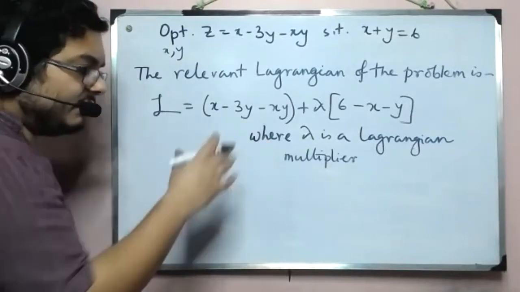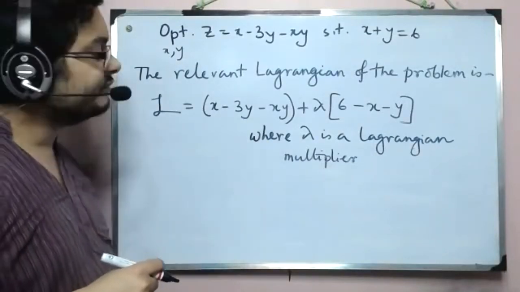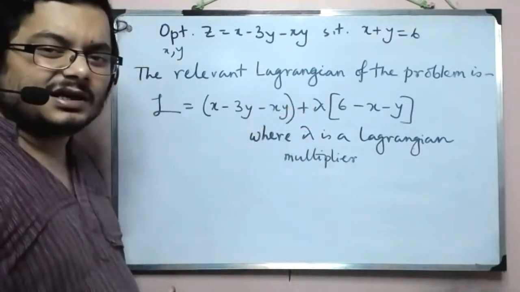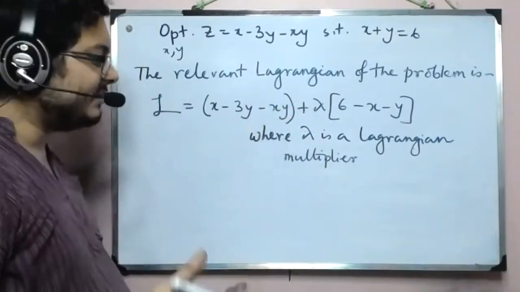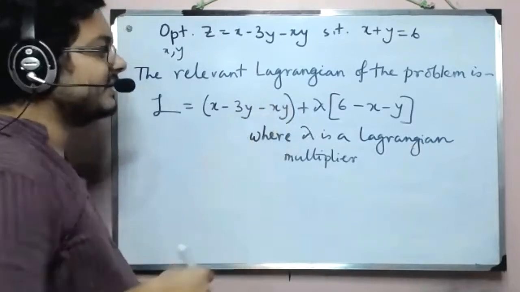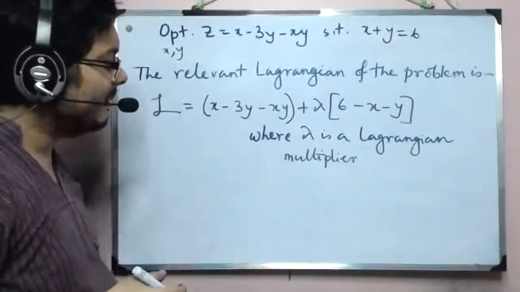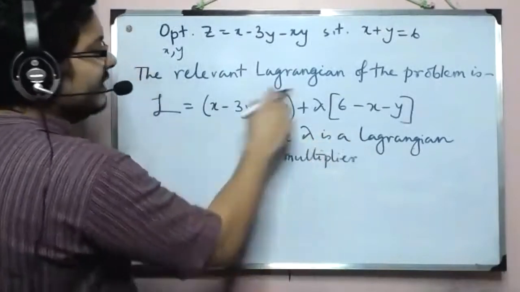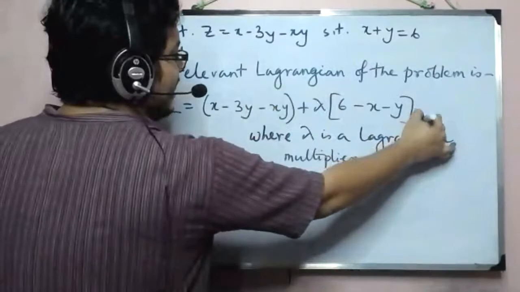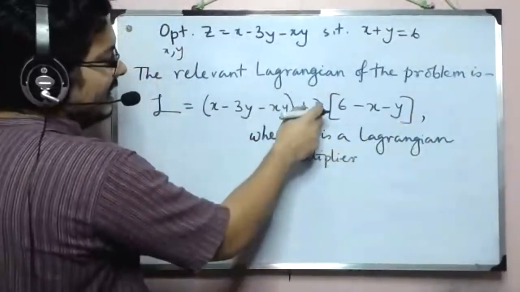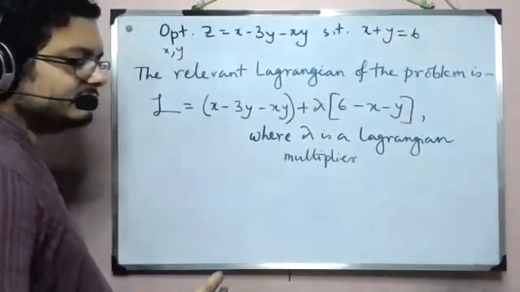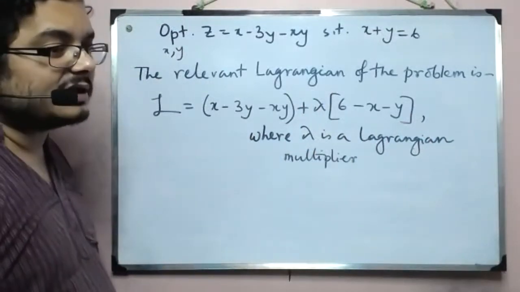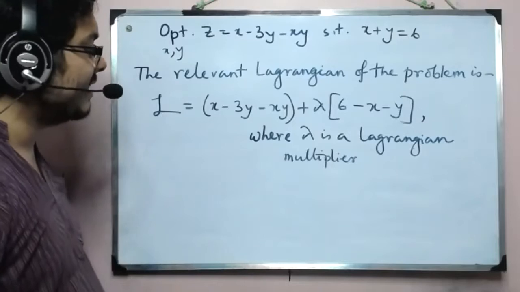Now in our consumer behavior problem, we generally get lambda to be positive, but it's not always like that. Lambda can be negative. Lambda will become negative in this problem. We'll see that. So this much you have to write always whenever you are writing a Lagrangian. Do not miss writing this, because without this, lambda doesn't carry any meaning at all, or rather it carries every meaning that one can imagine.